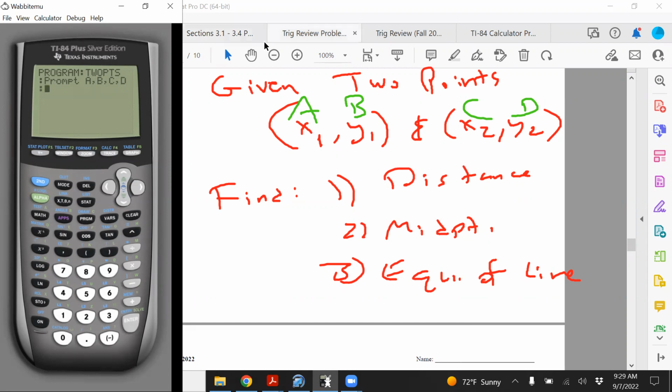So we're going to focus on this right now, okay? I'm going to do the distance formula in case you guys forgot. It's going to be like this: A minus C squared.